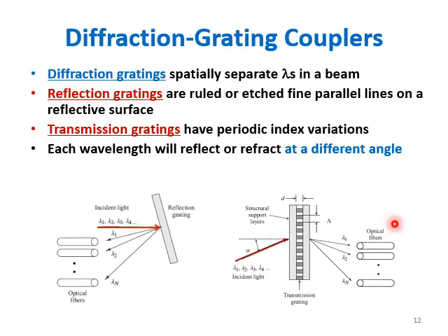The next concept is the diffraction grating coupler. This is also one way of separating all the wavelengths in one particular incident light, which are separated out and passed into different optical amplifiers. This process happens in air, that is, spatially.